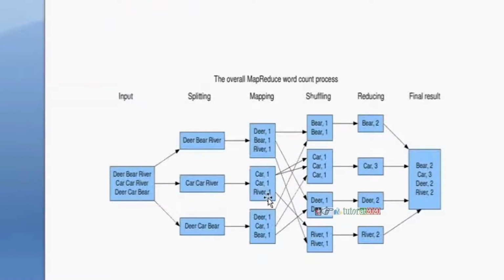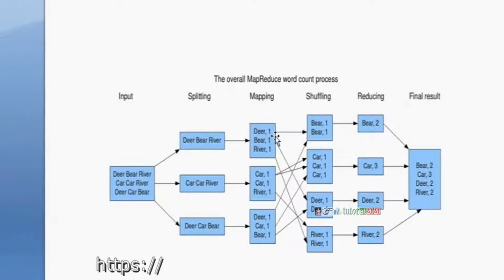Here two cars mean two separate arrows going to the shuffling input. Instead of two separate arrows, the combiner runs internally here, combines the data, and only one arrow goes to the reducer input, the shuffling input.